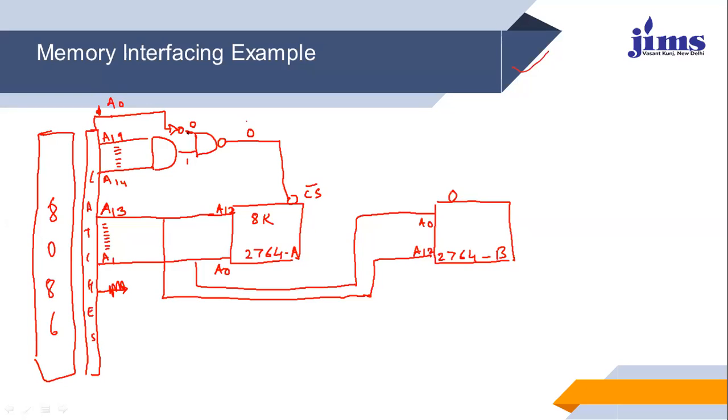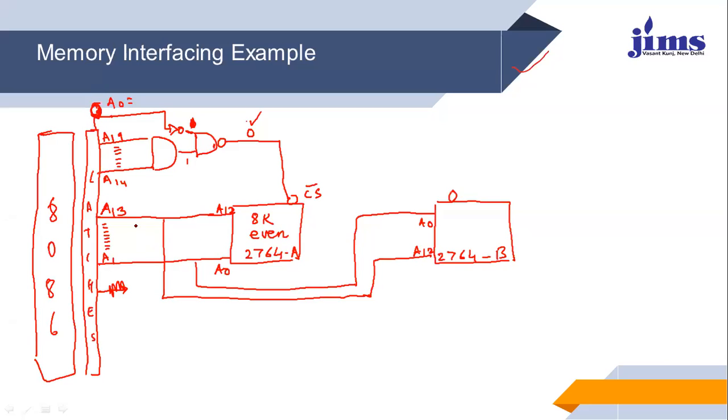When all of them are ones. So A0 should be equal to 0, so that I get a 1 here, 1 here and a 0 here. So this will be used as a chip select line. Since A0 is used in the chip select line, A0 is equal to 0, so I will get all the even addresses.